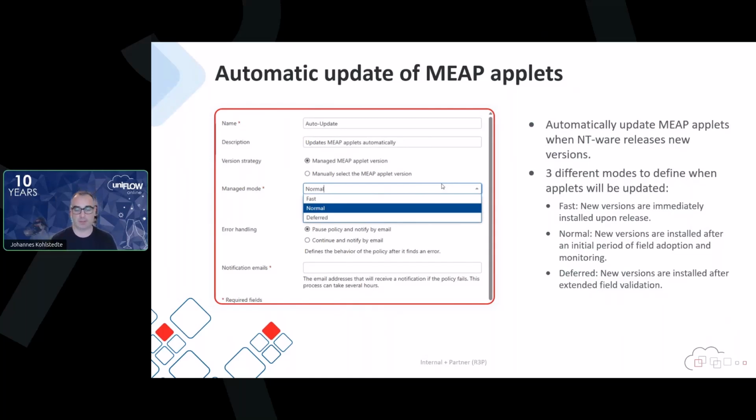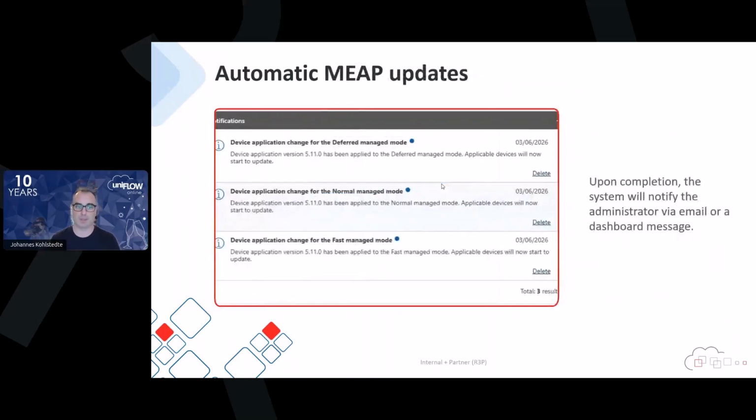So this satisfies most administrators, to either be first to go with the new features or take a step back, see if everything is functioning well, and then start the automatic update. Once the applets are updated, your administrators are informed right away via an email or in the dashboard about the successful updates.